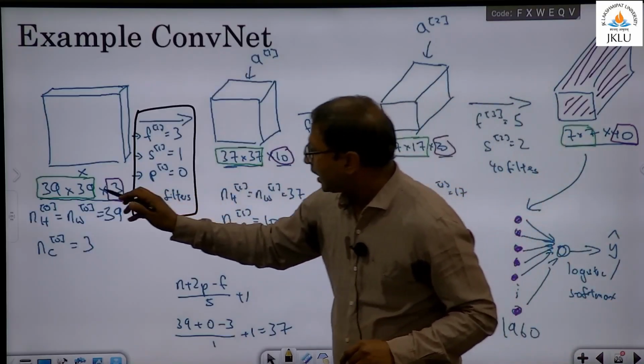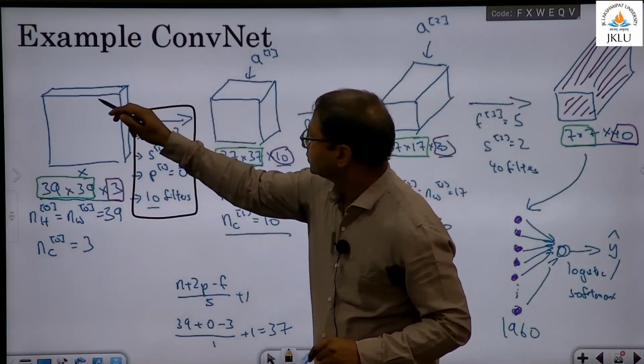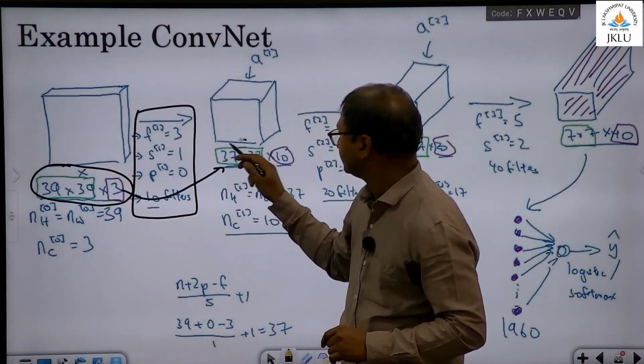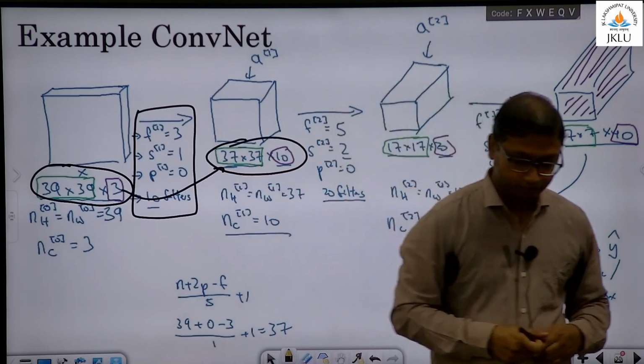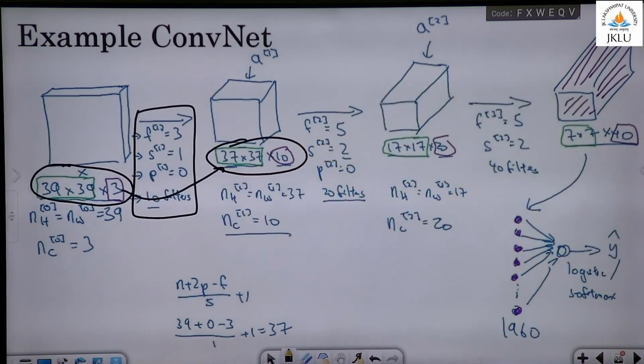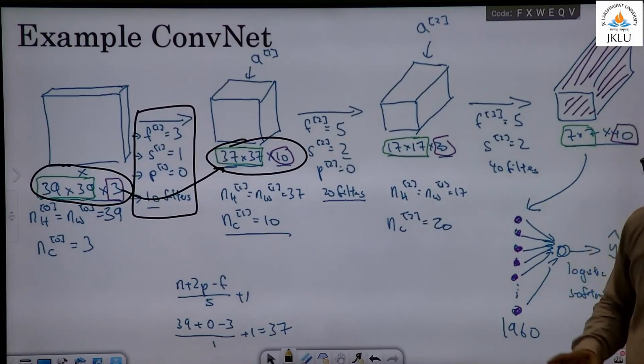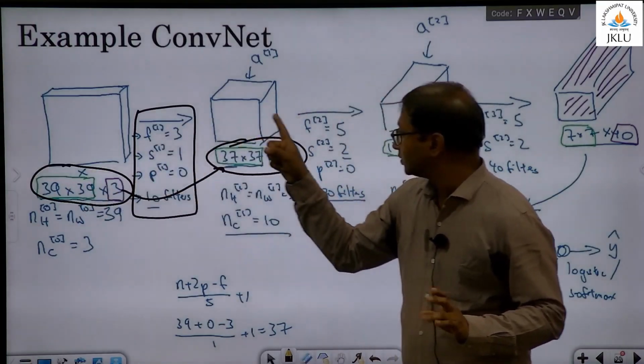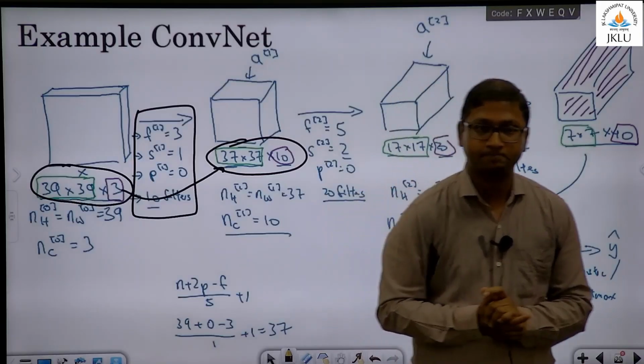So first tell me, how do I go from here to here? How do we go from this input size to this output size?